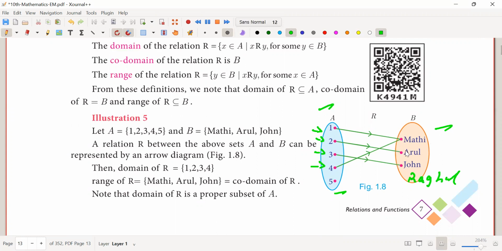And automatically whatever is related is the range. Range equals Mati, Arul and John in this case, and here it is also equal to the codomain.